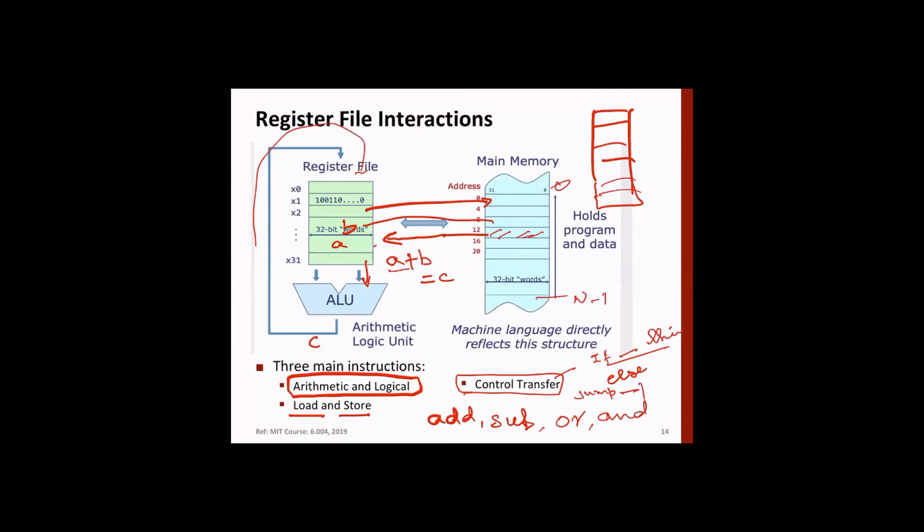Normally the execution of a program is sequential until we get a control transfer instruction, where the next instruction to be executed may not be the one in sequence stored in memory, but somewhere else. All right, any question?